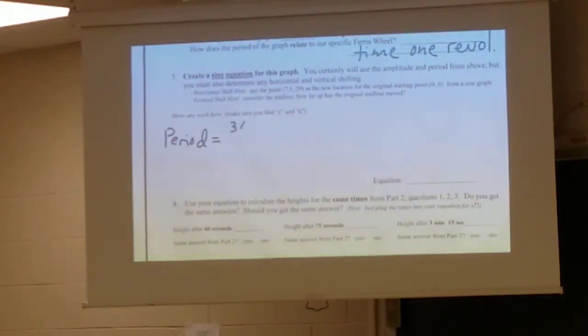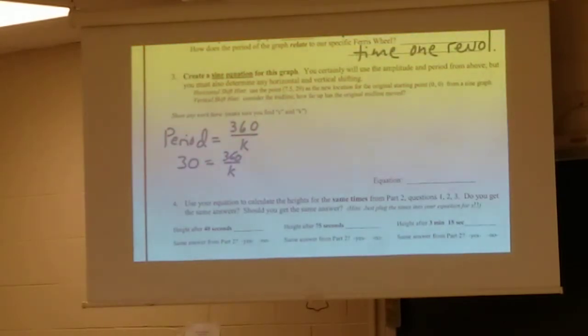Okay, now listen, the period formula hasn't changed, and this is good news. It's still 360 over K. Yes, you still use the same formula. That means you can plug in 30 for the period and set that equal to 360 over K. And that means that you can divide.